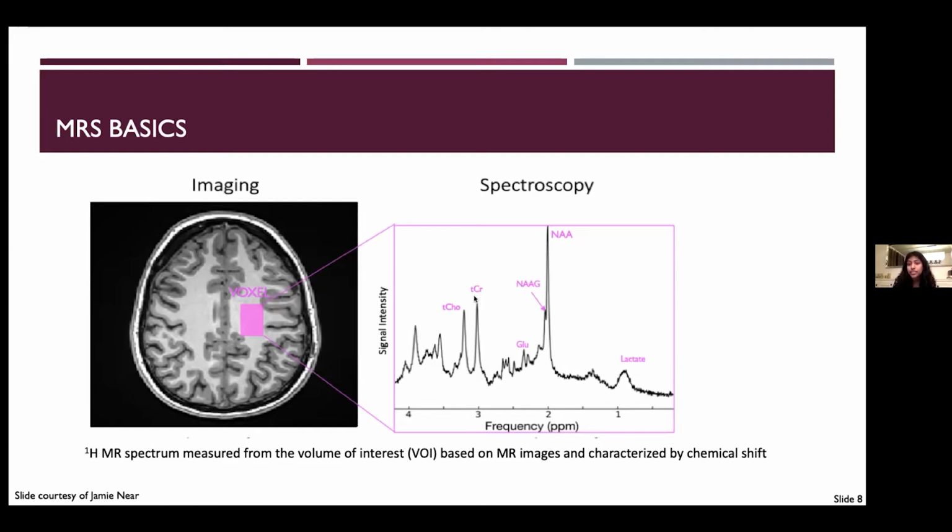And so this is a spectrum that's obtained by the Fourier transform of the time-domain free induction decay, or the FID. And after the Fourier transform, we do water removal, because water and fat are the major components of any voxel, so it's very important to remove them.